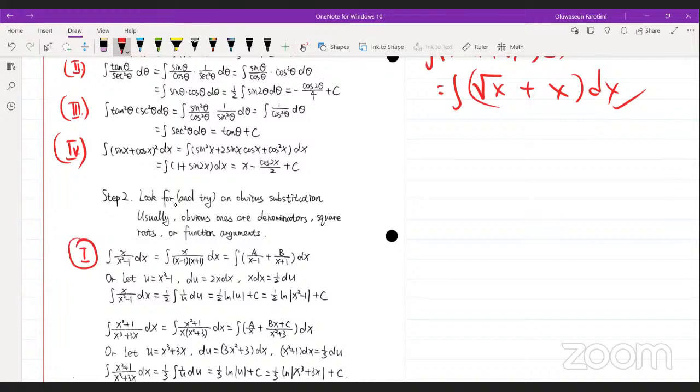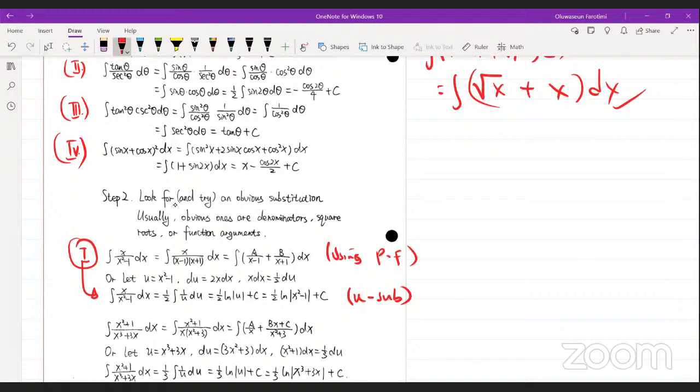In this first example, we use partial fractions, guys. And in this one, it's the same example 1, but here we use the u sub. That means if you have an integral problem, you can use more than one method, depending on what the integrand looks like. Keep that in mind, guys.